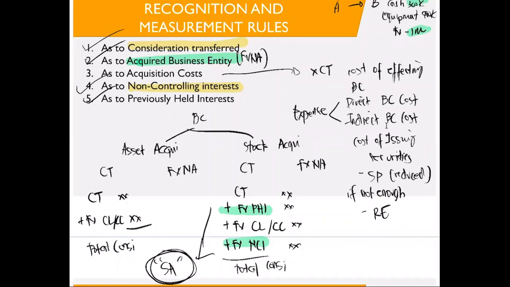But if your share premium is not enough, it is treated as part of your retained earnings. So we're done discussing your recognition and measurement rules. So we can now try to apply these recognition and measurement rules. So we go now and try to solve some problems regarding what we learned about your recognition and measurement rules.